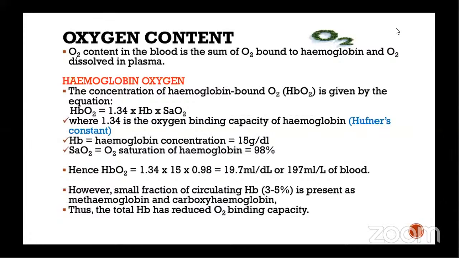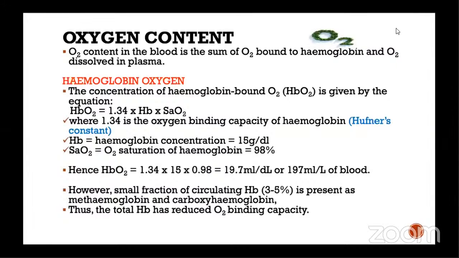If we are working on the hemoglobin oxygen content, we use 1.34 times hemoglobin concentration times the arterial saturation of oxygen, where 1.34 is the oxygen binding capacity of hemoglobin, also referred to as Hufner's constant. If we're using a hemoglobin level of 15 grams per dL and oxygen saturation of 98%, when we work it out, we arrive at 197 mL per liter of blood.